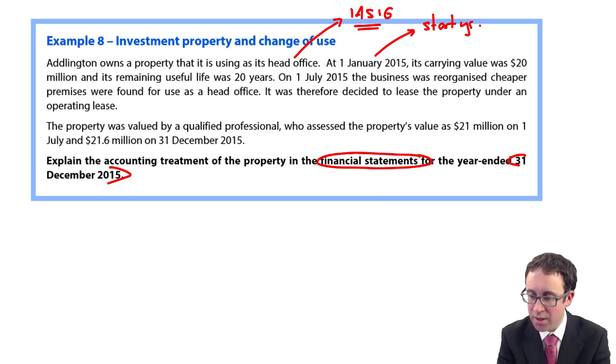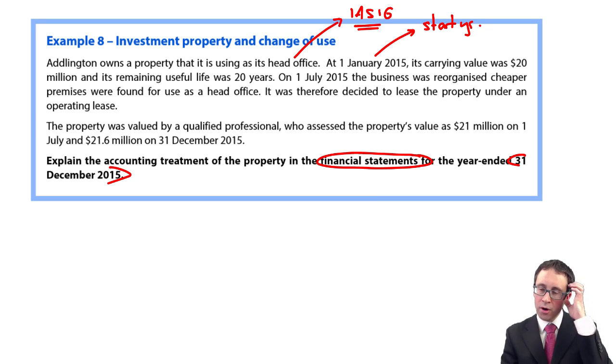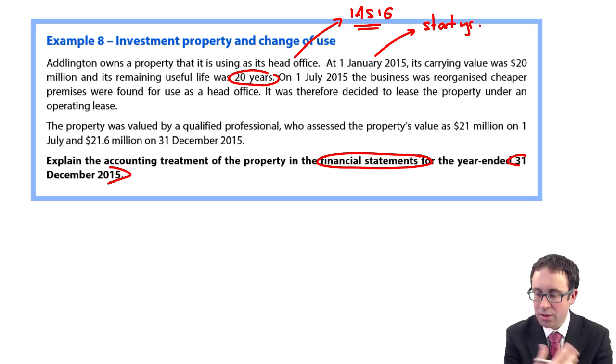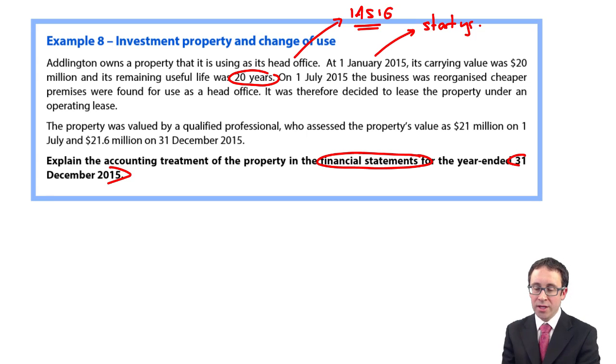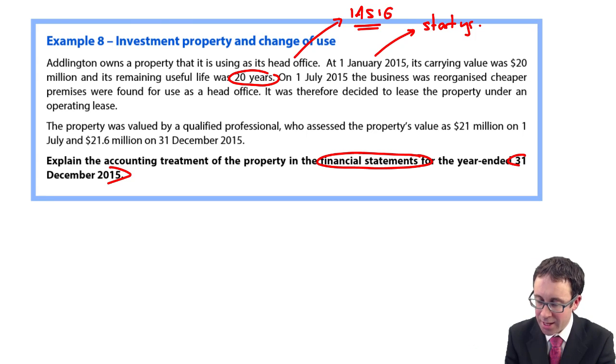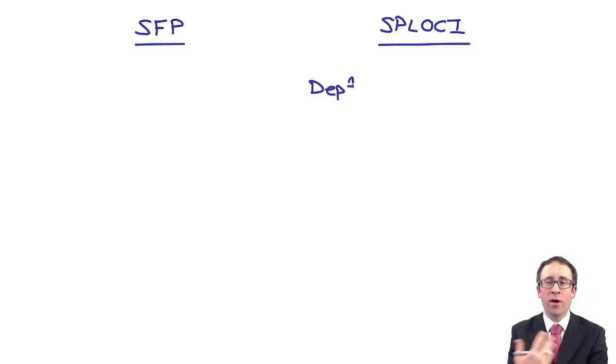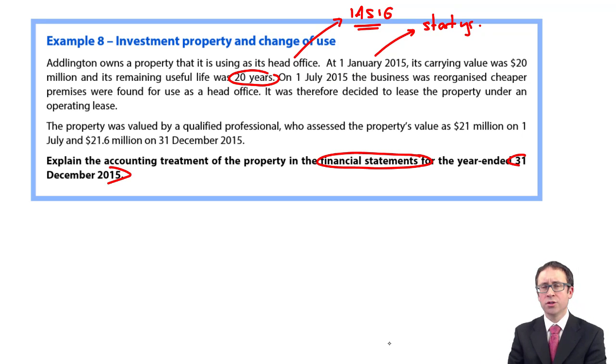That's the start of the year when it was owner occupied. Its carrying value was 20 million and its remaining life was 20 years. So therefore we will depreciate that asset as PPE. So within the statement of profit or loss and other comprehensive income, there will be depreciation. How much? Well, 20 million over the 20 years. So is that $1 million per annum?